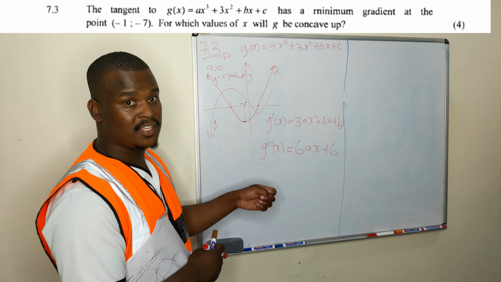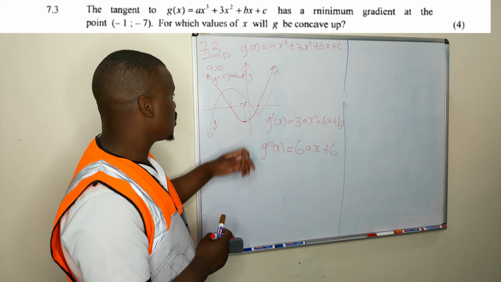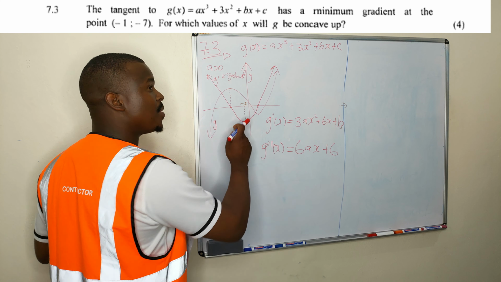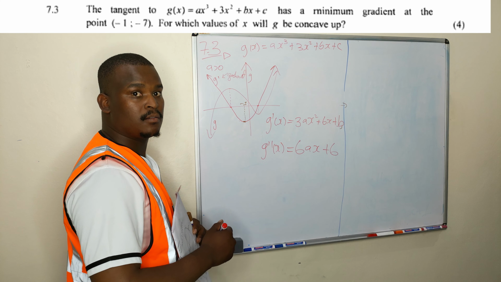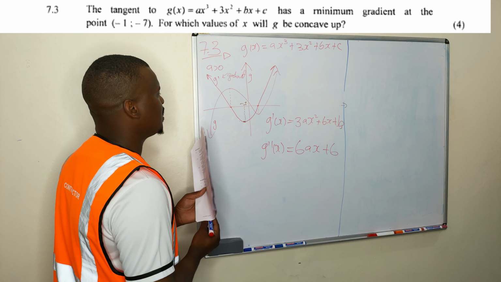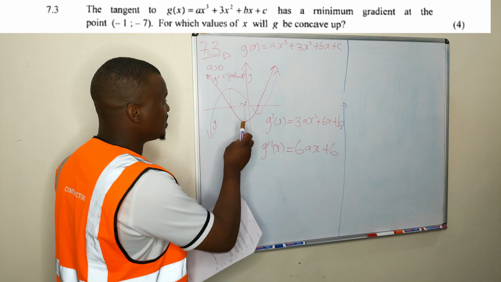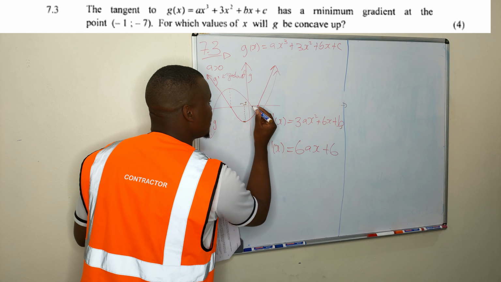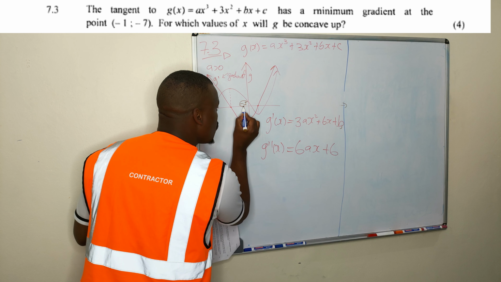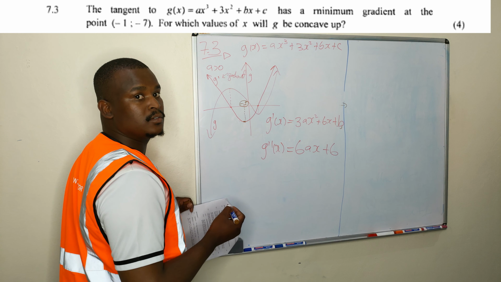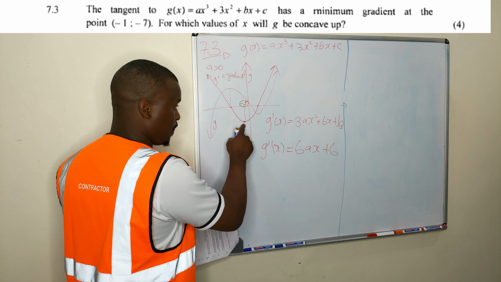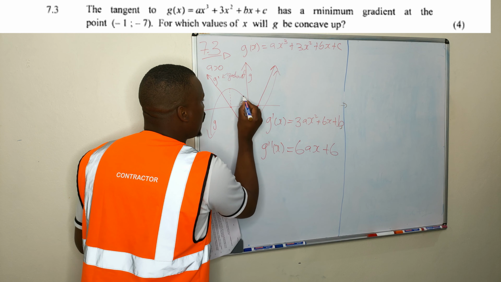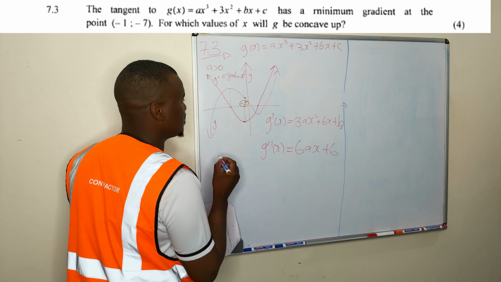That's what your minimum gradient is, and that minimum gradient corresponds to your point of inflection, because you will get that minimum gradient by deriving further. That's what I could have said from the beginning. So to get this minimum gradient here, you will find it by deriving this one further. So this value here was found from the second derivative of the gradient. So this is the point where the point of inflection is.